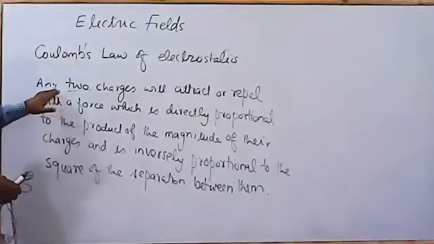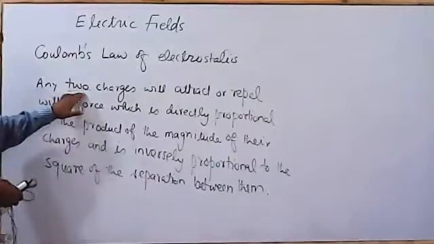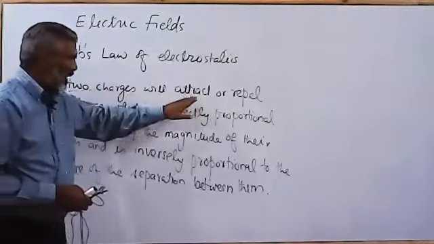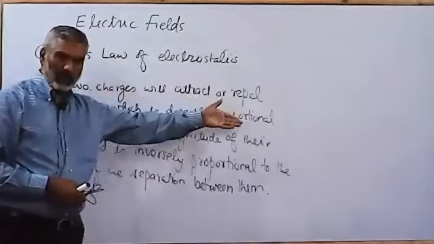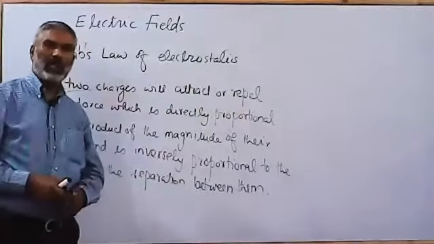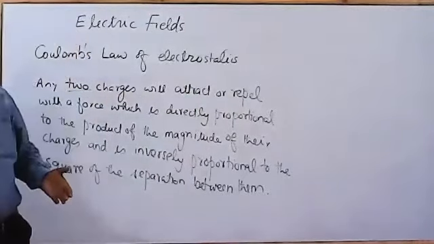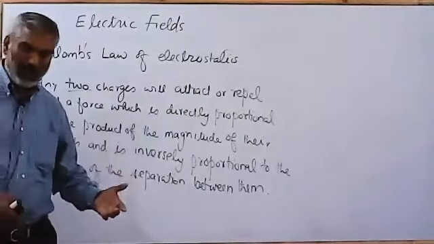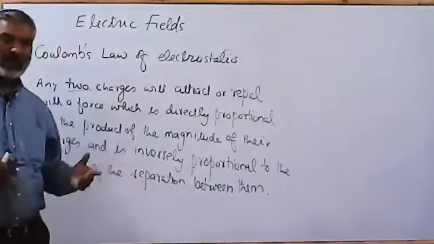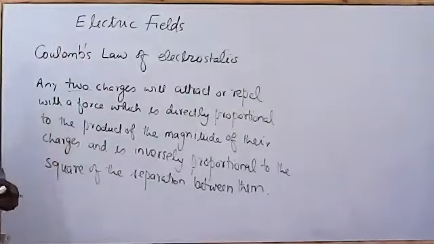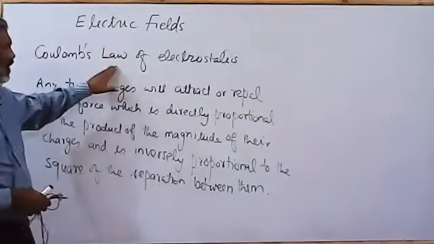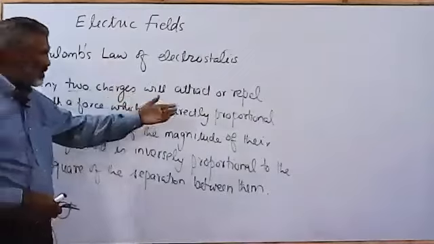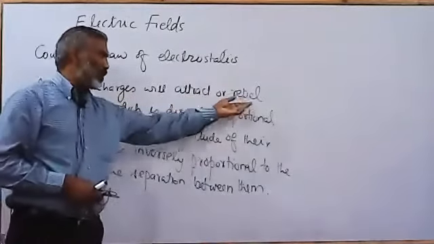So this is between any two charges, they will attract or repel. This we know because this is the property of charges. It is not always attractive force. As we learned in the gravitational, in the case of gravity, that was always an attractive force. But now that we are going to deal with charges, it may be attractive force or repulsive force.